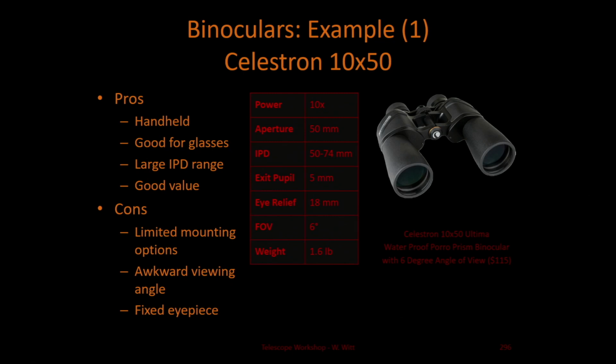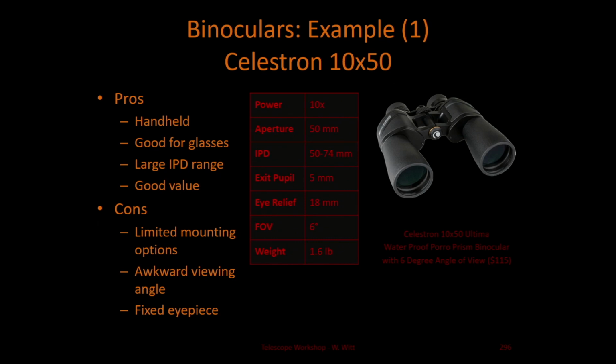They give a field of view of around 6 degrees, which is huge, nice wide field of view, good for seeing lots of cool star clusters that we like to view. They're handheld, they're relatively light, you can bring them with you wherever you go. They support a large IPD range, so 50 to 74 millimeters. That covers basically the max and min of any studied IPD values. They provide a certain exit pupil, right, because they have eyepieces like anything.